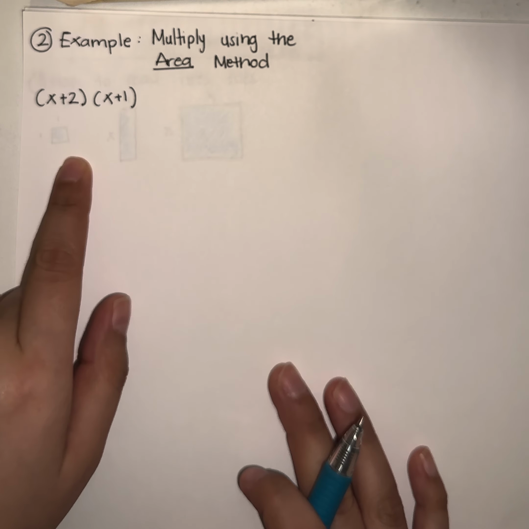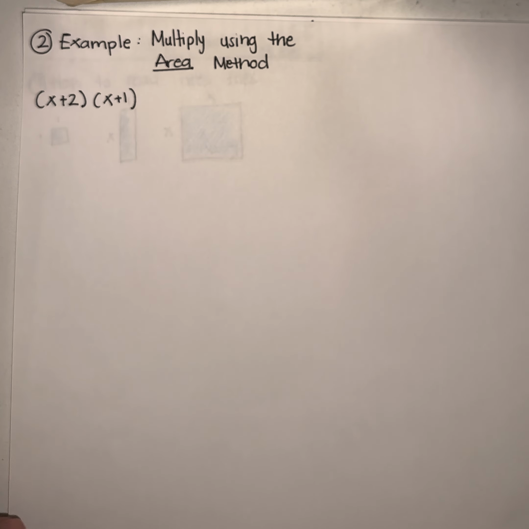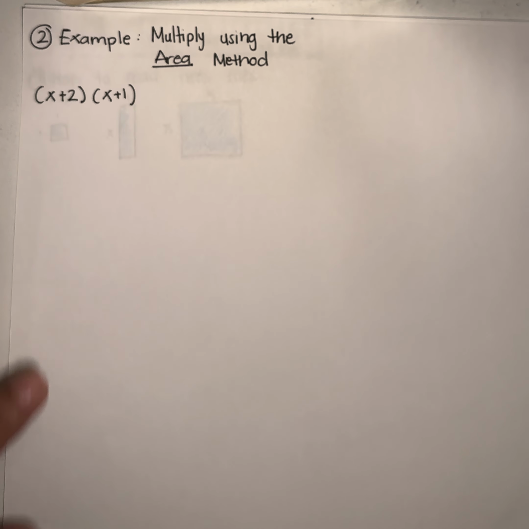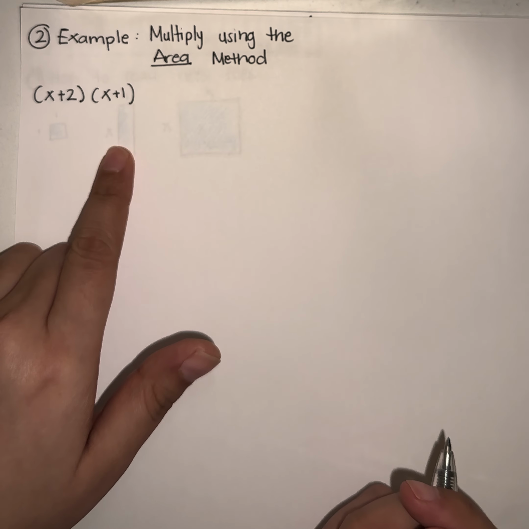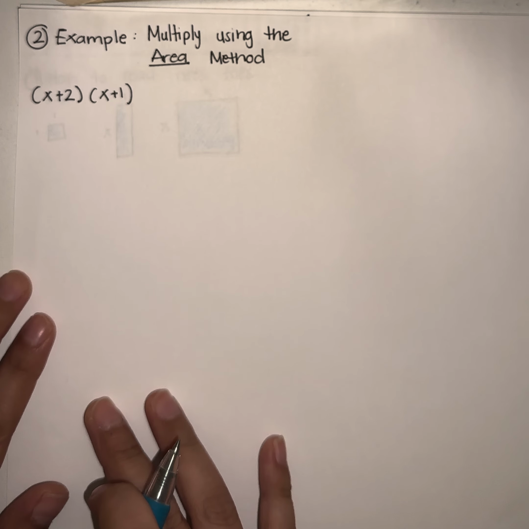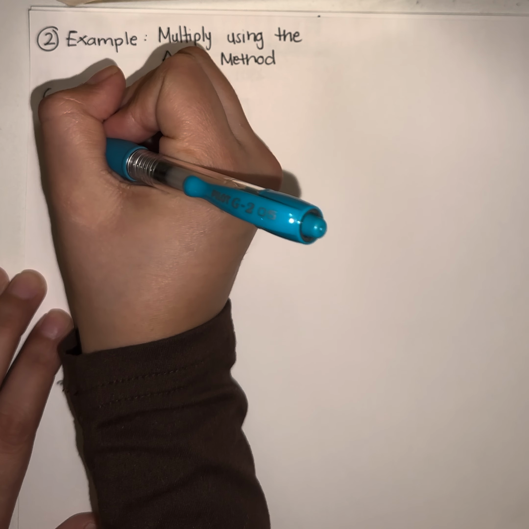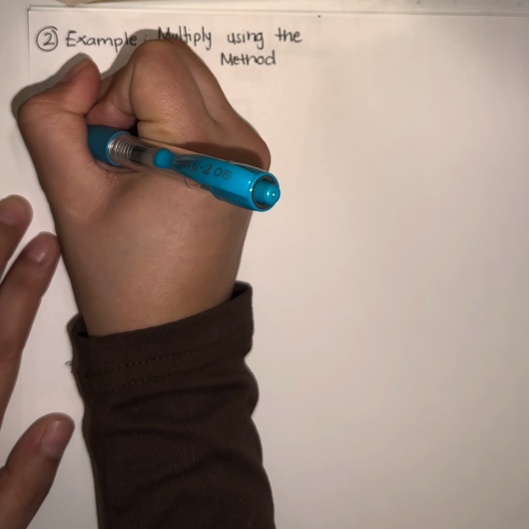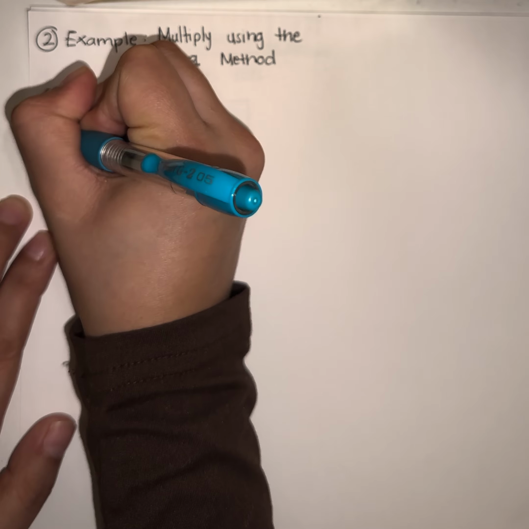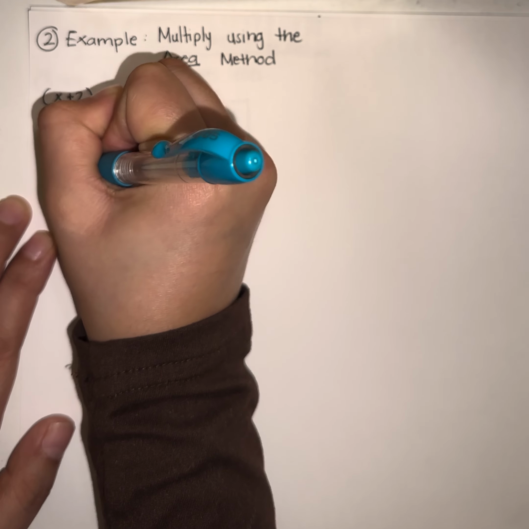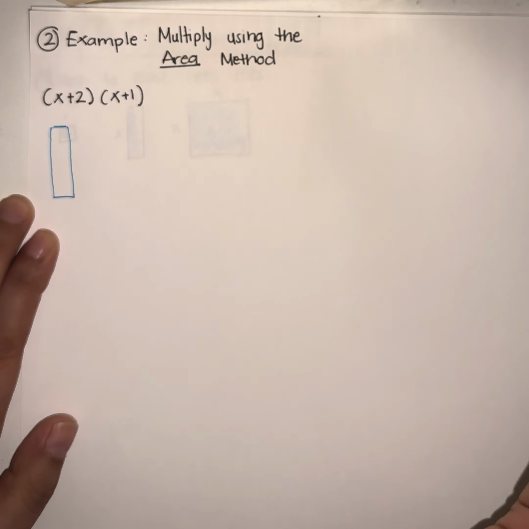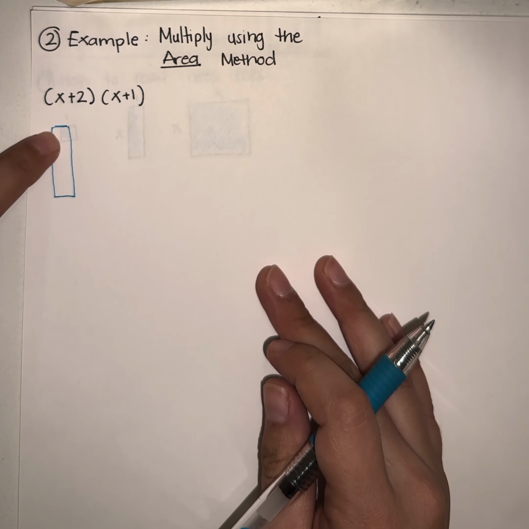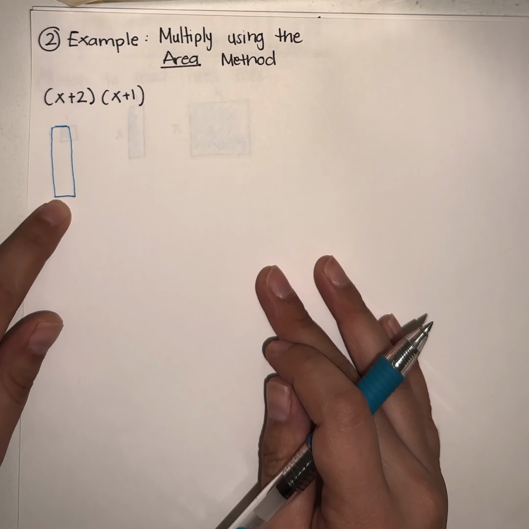We are going to draw the figures, use our algebra tiles to draw this out. If you guys remember, you can kind of see through it. X is represented by a long figure like this. This is x. So that's the area inside x, represented by this figure.